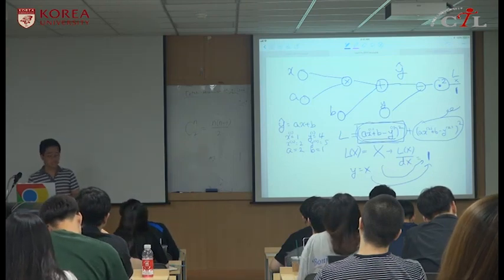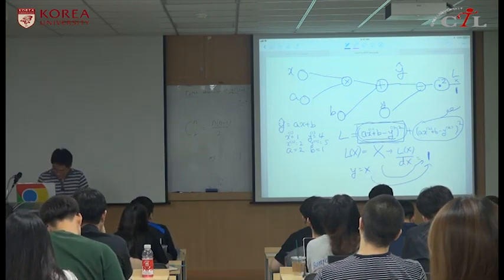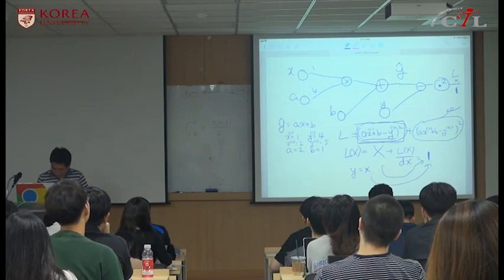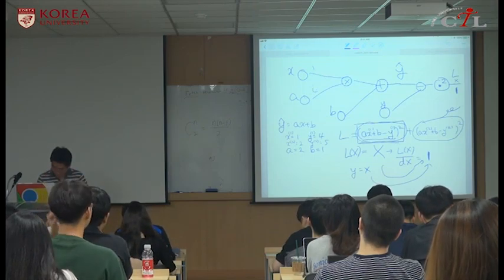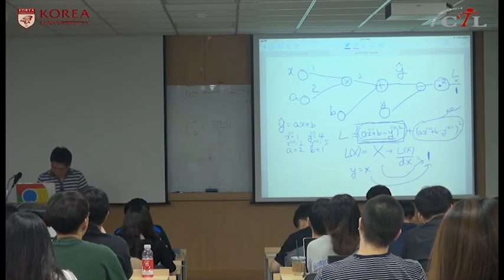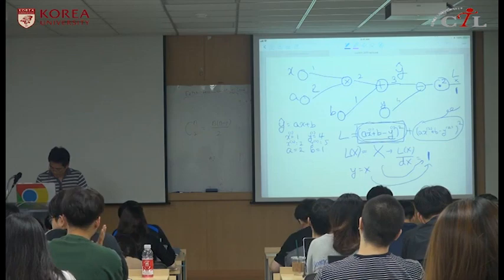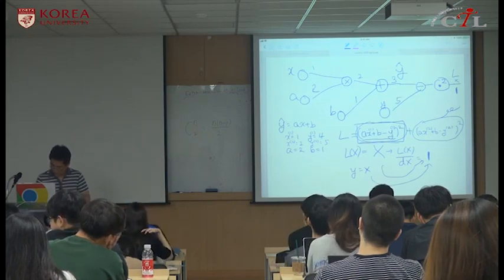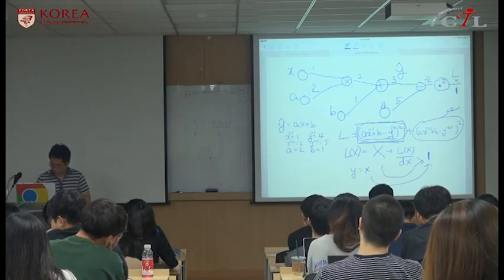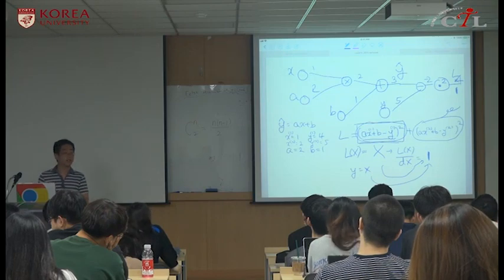So in this case, 1, and then y2 is 5, and then it's -2, and then it's 4, right?